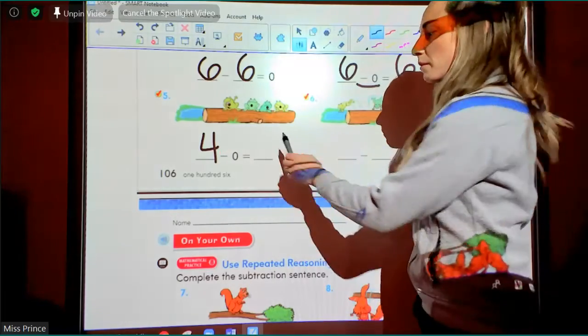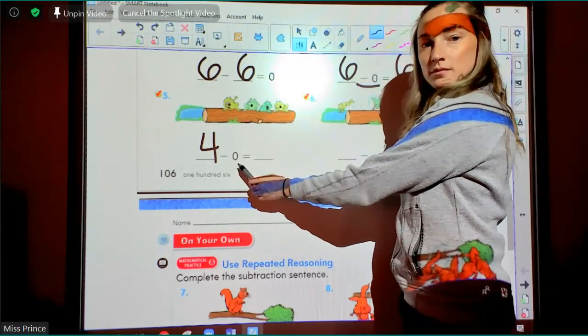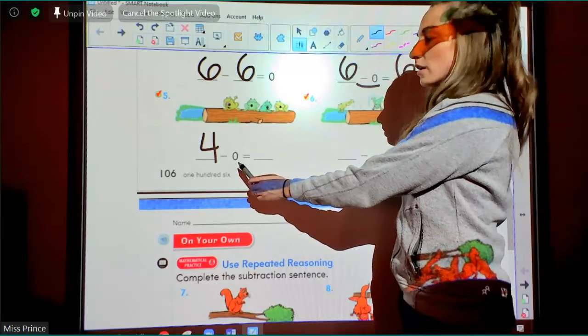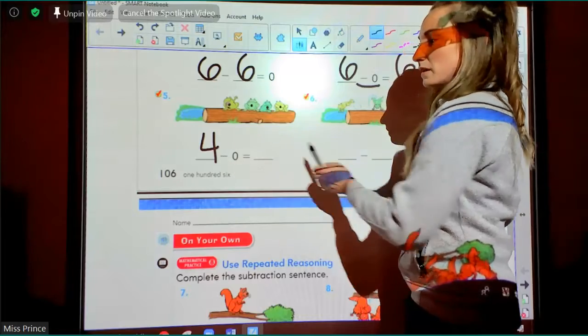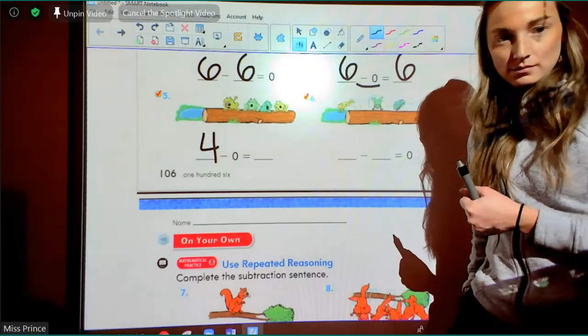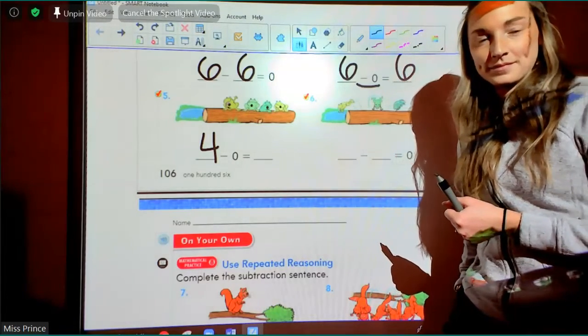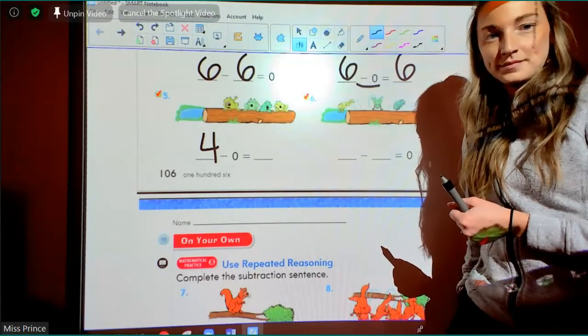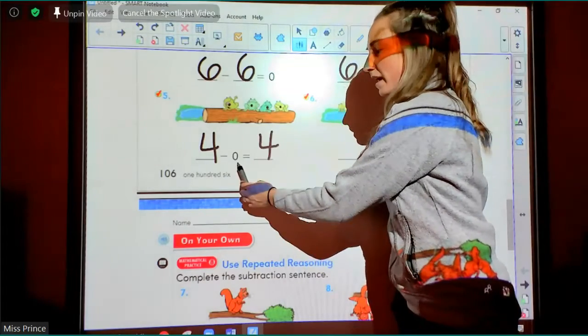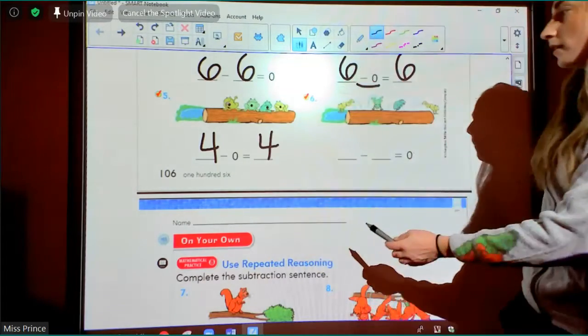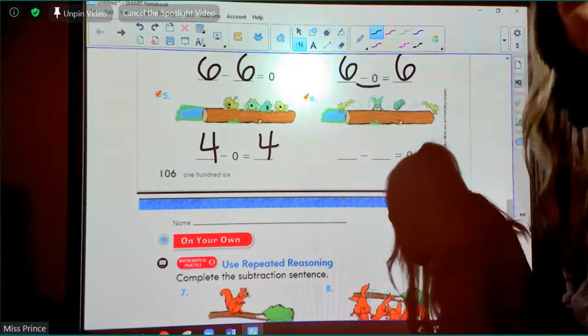No, so how many jumped off? 0. So 4 take away 0. How many are left over? 4. Yeah, we didn't take any away. That's why we said take away 0. All right, last problem on here.